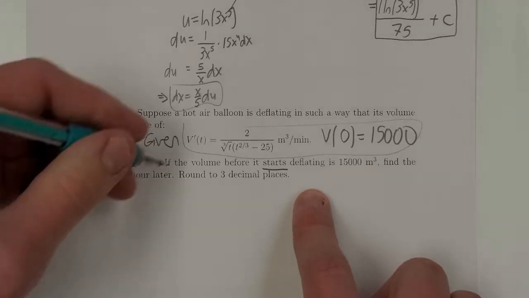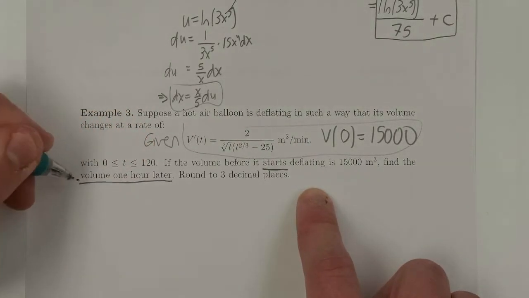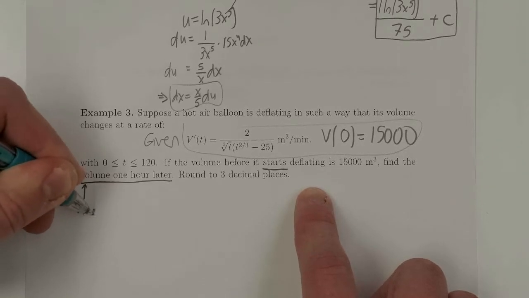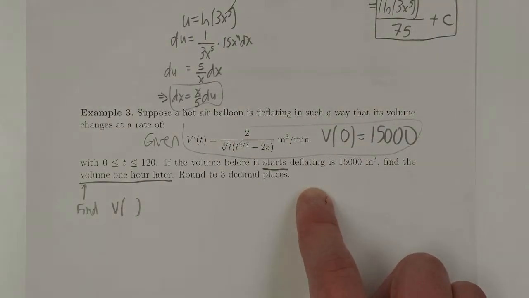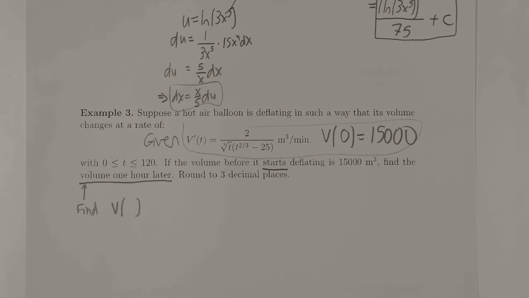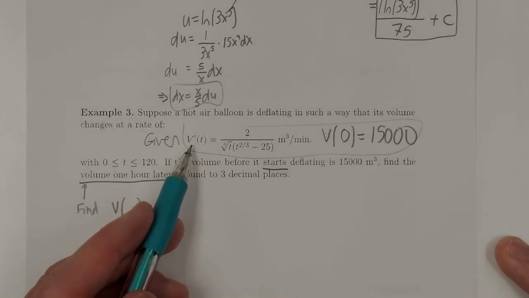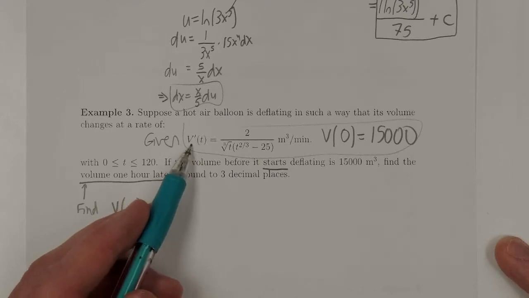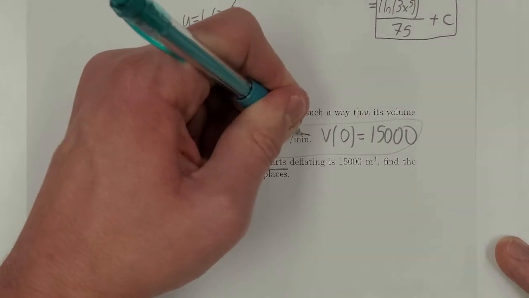And we need to find the volume 1 hour later. Okay? So that means we need to find v at what time? Careful. 60, right. So again, this is where we need to be careful of our units here, because the rate of change of volume is given in meters cubed per minute.